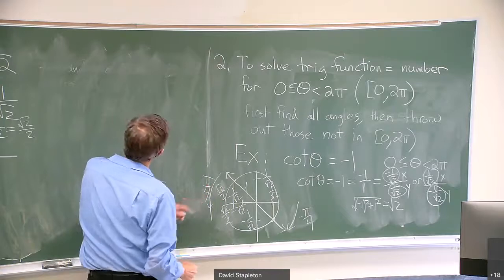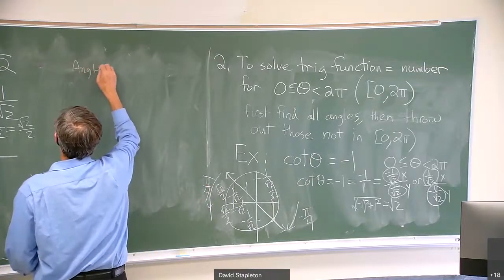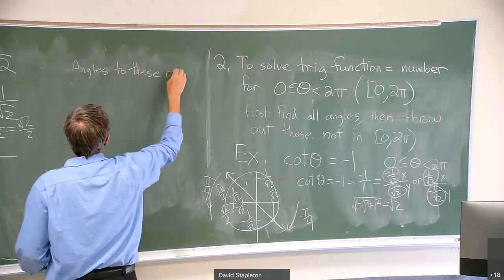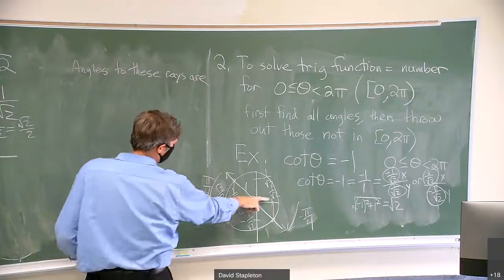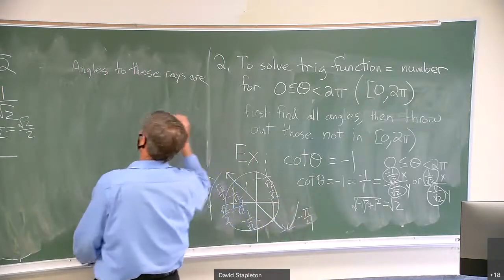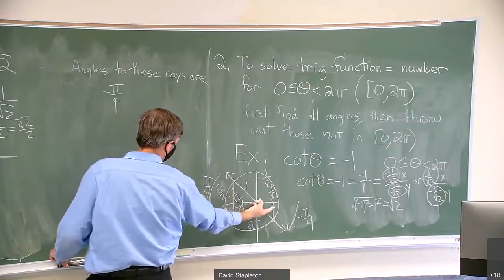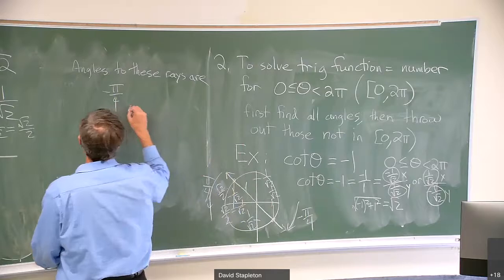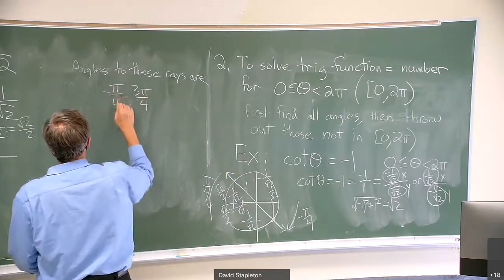What I now have is angles to the terminal rays. Well, I can go this way, pi over 4, that's an angle minus pi over 4. Since this is pi over 4 here, the angle to this, in standard position, pi back up pi over 4, is 3 pi over 4. There's an angle to each terminal ray.